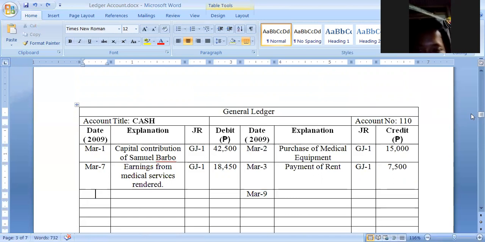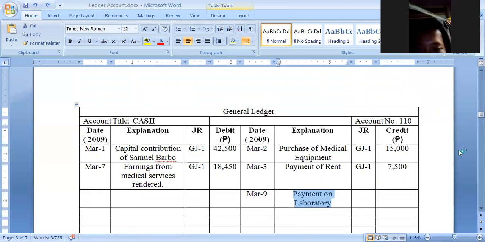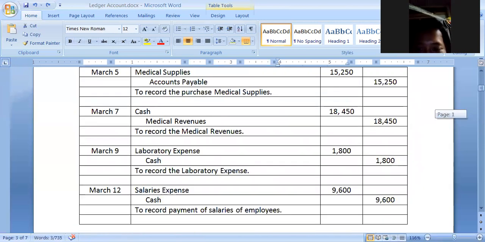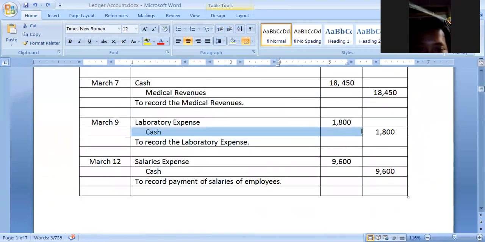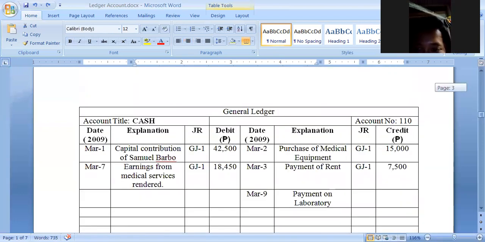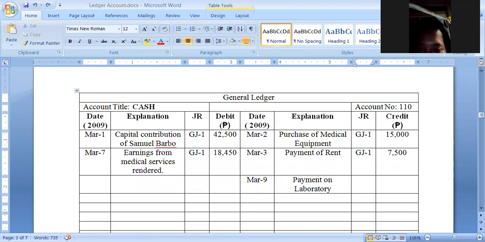March 9. Let's go back to journal entry. Our cash here is credited, which is 1,800. It is the payment on laboratory. General journal, page 1. 1,800 is credited.